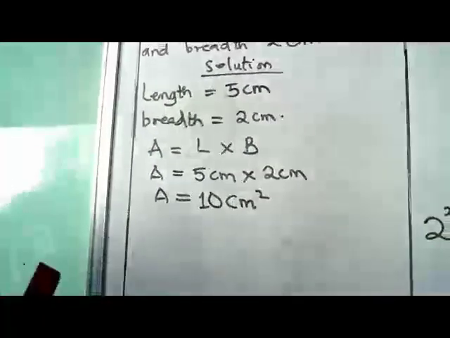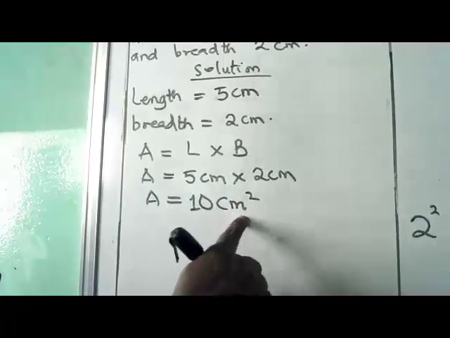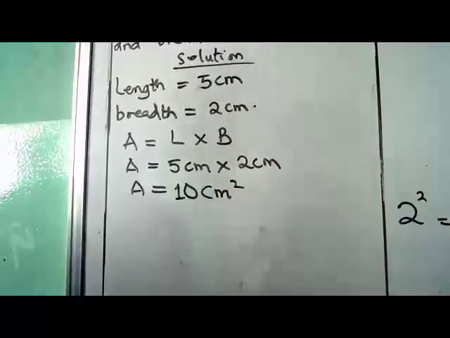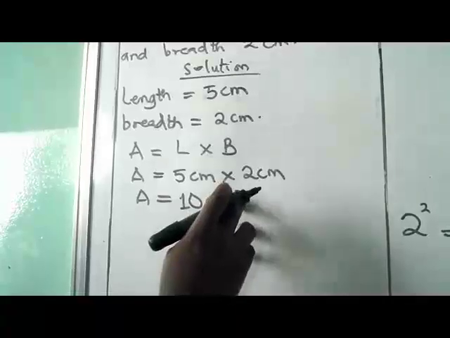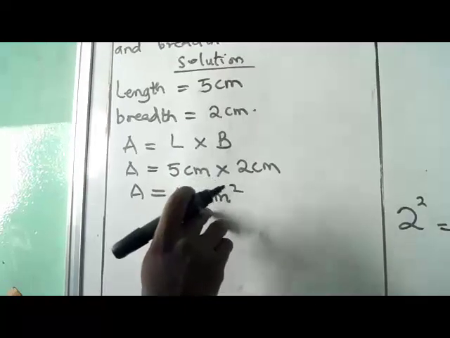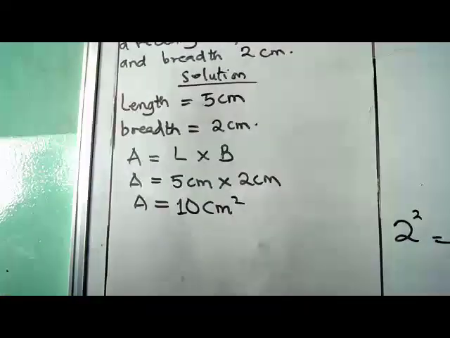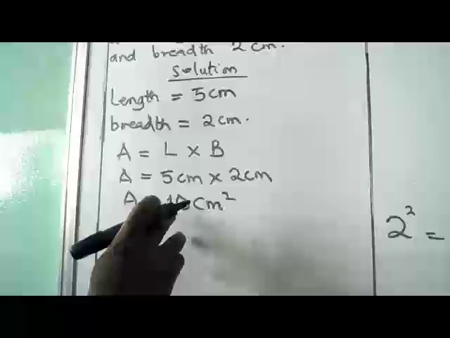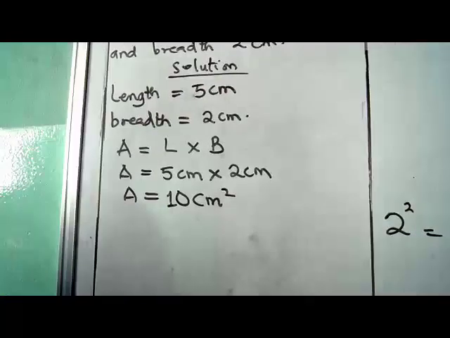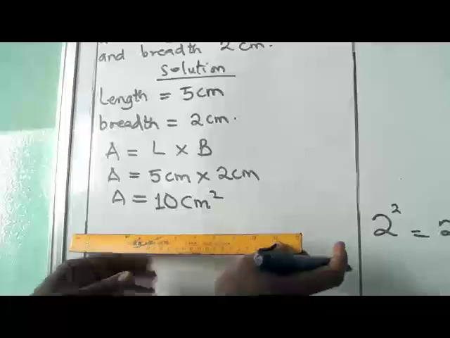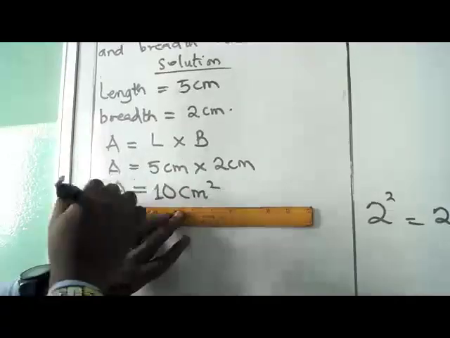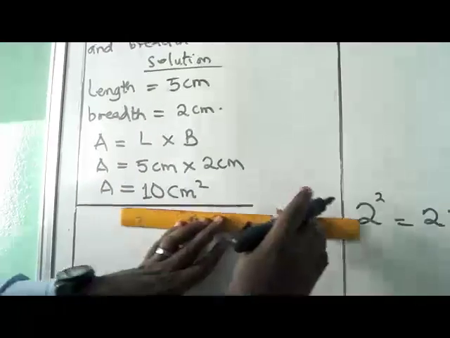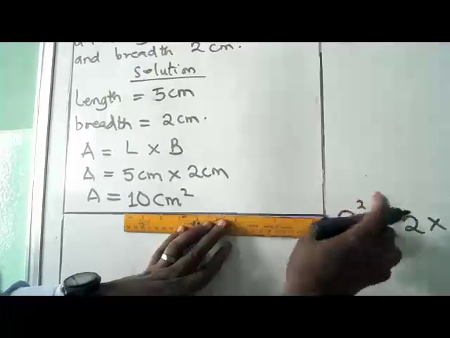Now, when we are calculating area, this is very important in our answers because it is different from ordinary centimeter. This raised to power 2 has really defined this unit that we have calculated area. So if I write 10 centimeter, it will be wrong. I want you to pay much attention to that so that you will not be penalized even after you have gotten the right number as your answer.